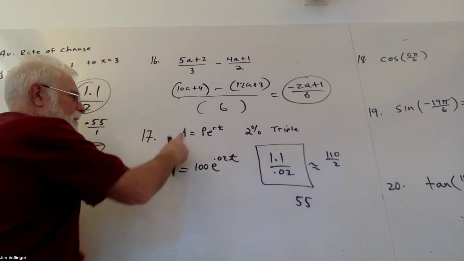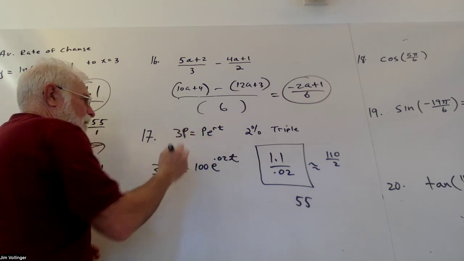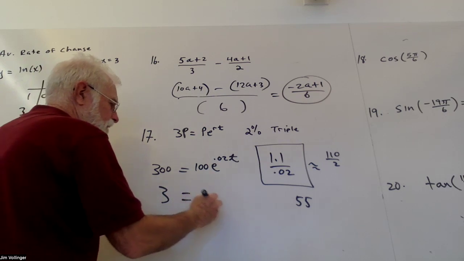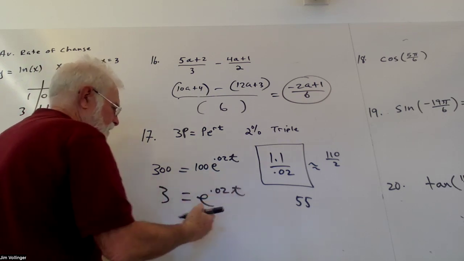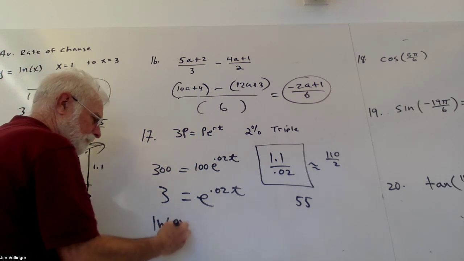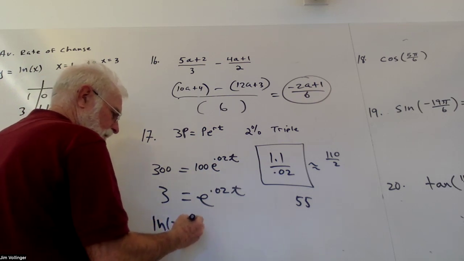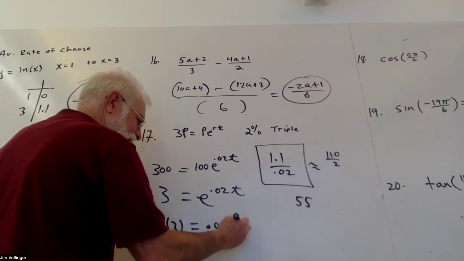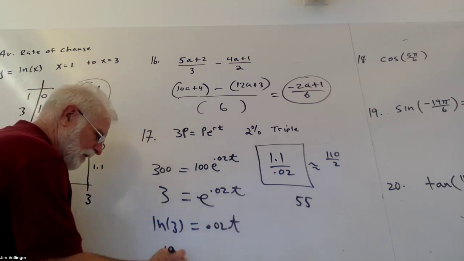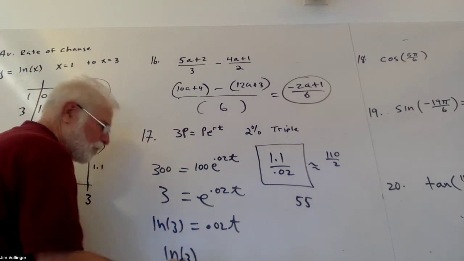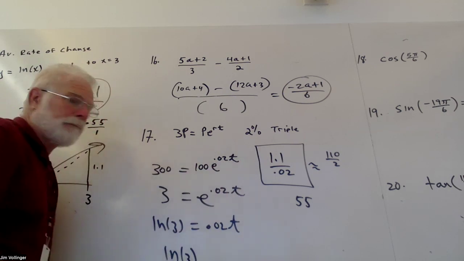All right, I could have made this 3p, by the way, but I think it's probably better for you to see this right now. So that gives me 3e to 0.02t. We've been studying how to solve equations. So the ln of 3 equals 0.02t, tongue twister, and there's your ln of 3 divided by 0.02, which I've done for you over here.